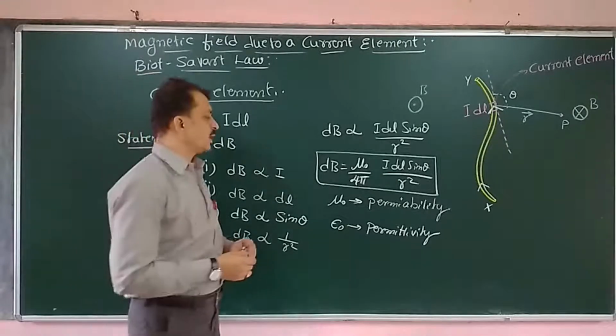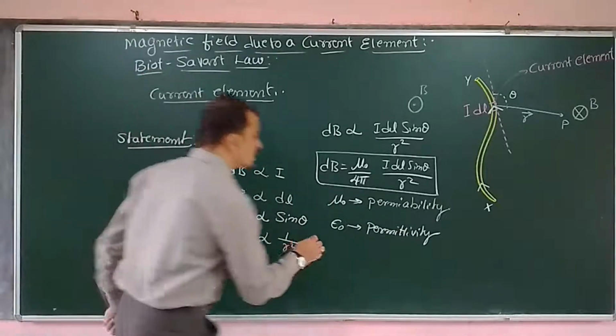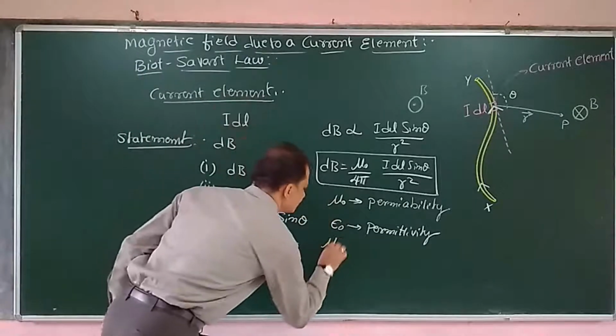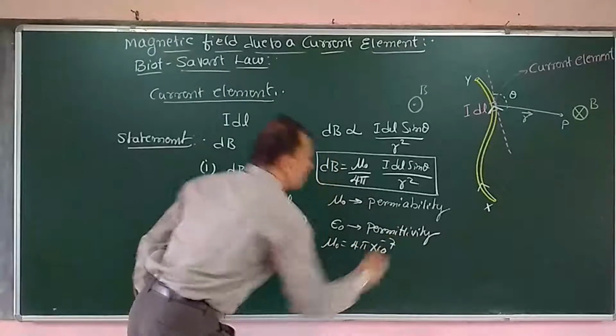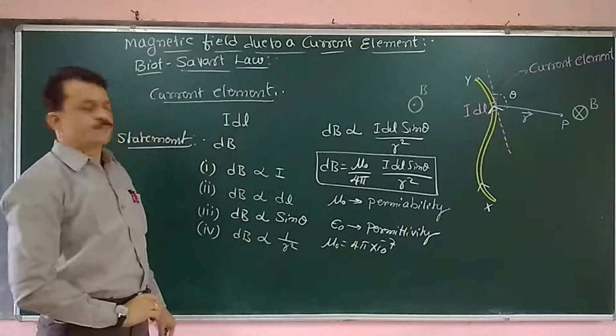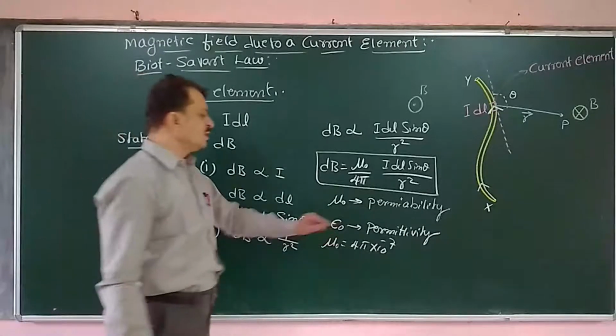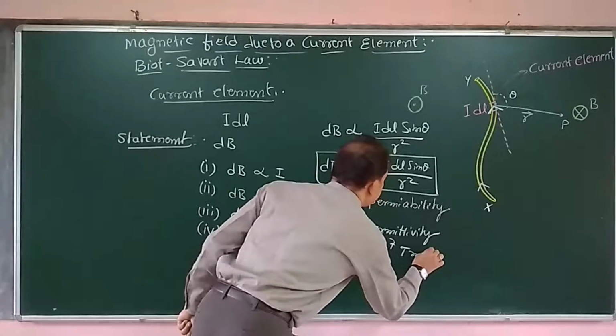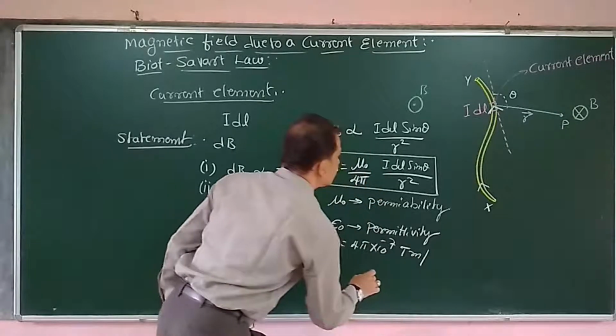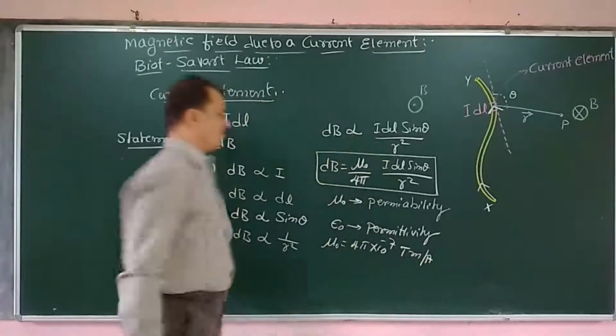Clear? Okay. And the value of mu naught is found, in SI units, to be 4 pi into 10 to the power of minus 7. The unit becomes Tesla meter per ampere.